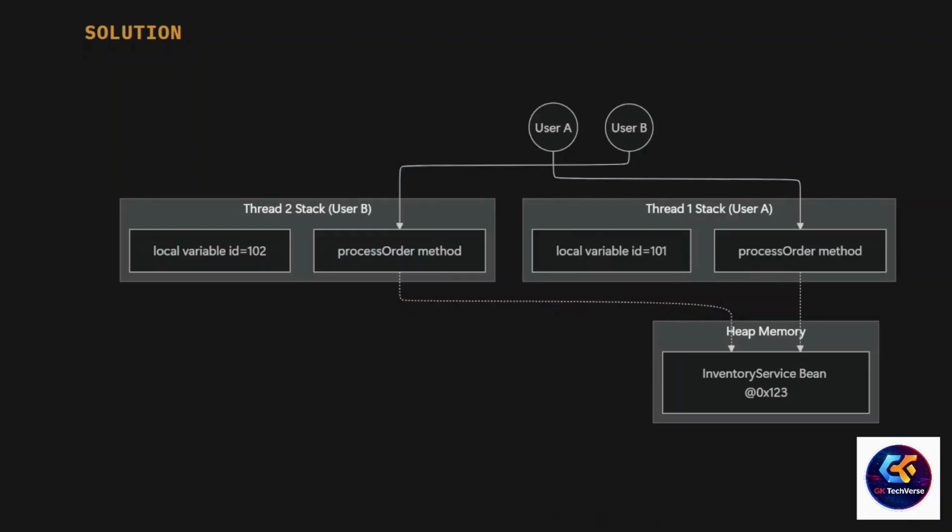Now if you see this image, if two users are accessing your local variable, every request will create a new stack, and the local variables belong to the stack. So user A will have its own local variable and user B will have its own variable, and there will be no data conflict.